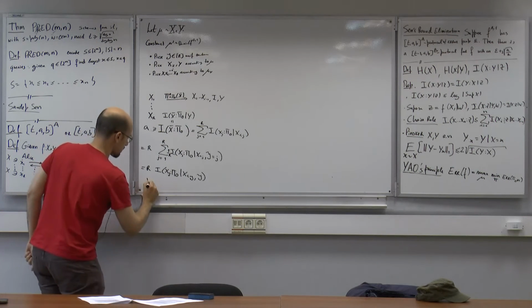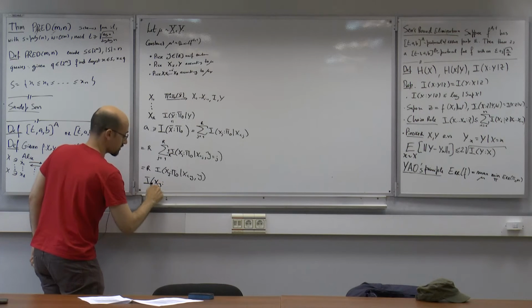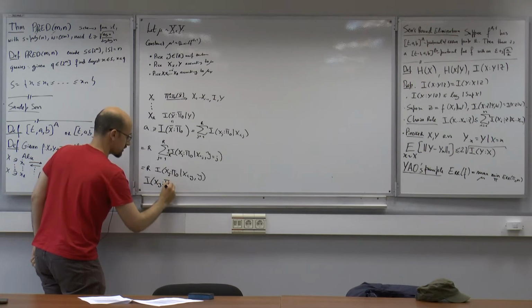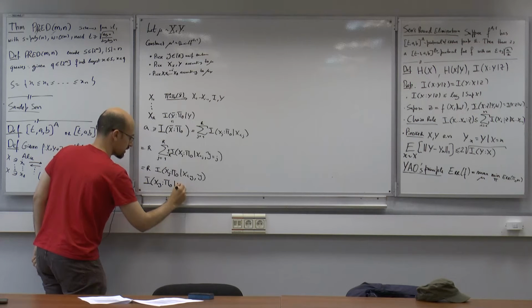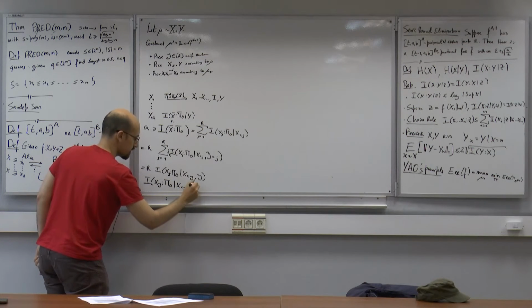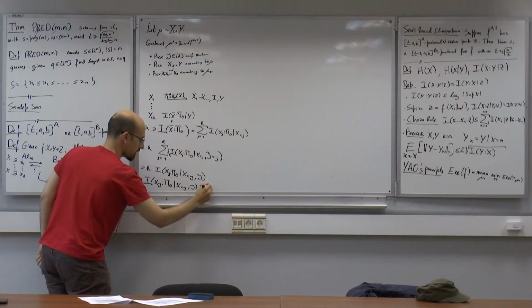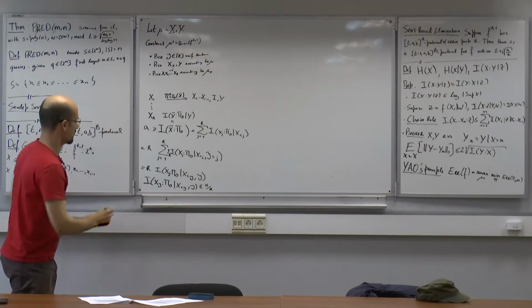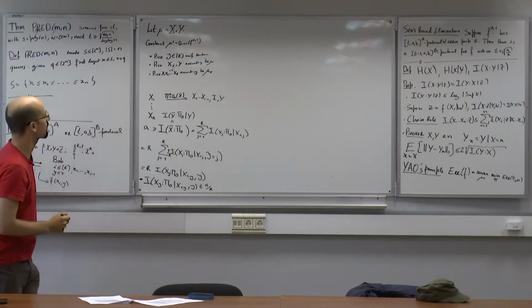Okay, so let me just write that. The information between xj, which is the coordinate we want to know the function about, and pi 0, given x, on average over all the previous x's and this j, is at most a by r. Okay, so this is concluded.